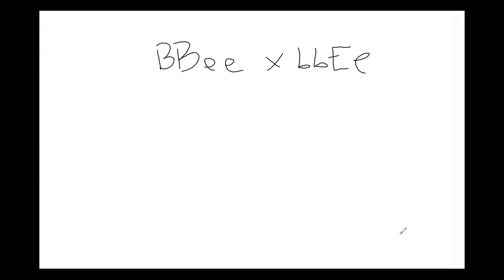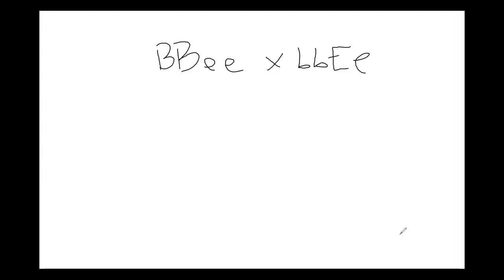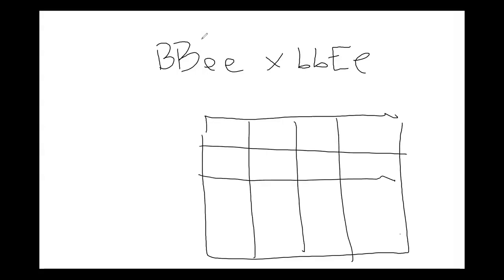Okay, so we know since we're dealing with two traits, we're gonna need a 16 box Punnett square. Let me make it a little bit smaller because I'm gonna have to fill it in on the top. So you draw your 16 boxes.